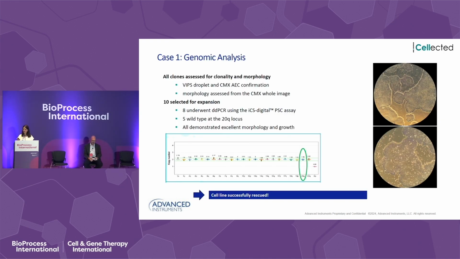So as part of this, during the expansion process, they looked at 8 of those clones, and using digital PCR, they were able to extract the DNA and look at whether they were wild type or if there was a mutation present. 5 of those clones were wild type on the 20q11 locus, and 3 of those clones showed a mutation at that locus.